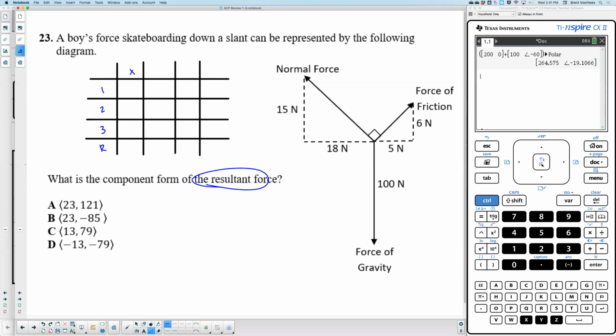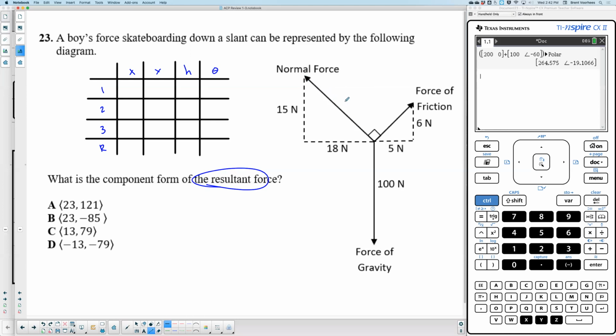Up at the top, I want to have X, Y, H, theta. Okay, this first vector, if you were looking at it, does it look like a horizontal X, a vertical Y, or a diagonal H? Diagonal H, thank you.